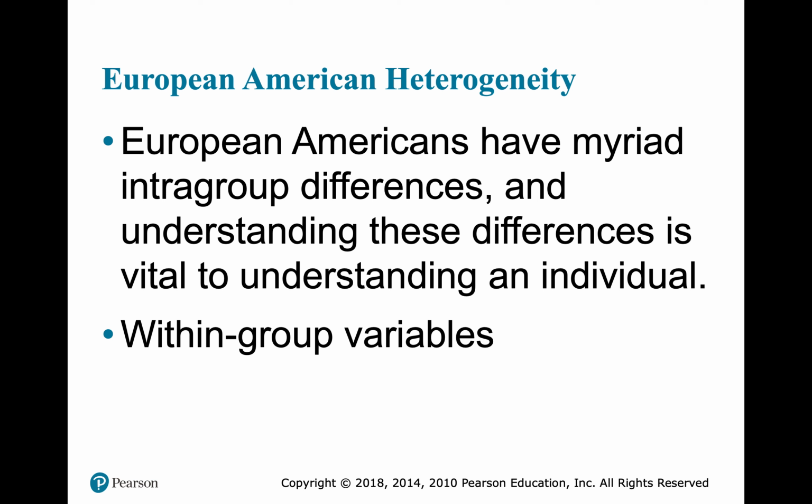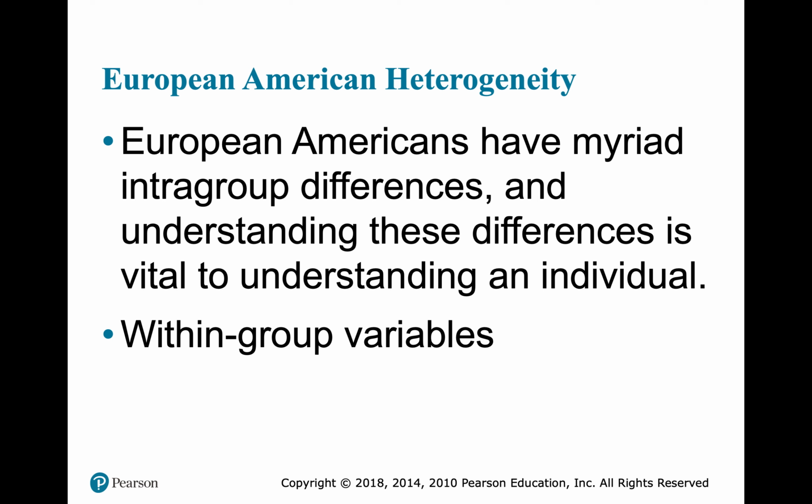So we talked about this with every single group. Even though there may be some shared cultural values, religious practices, all of that stuff, there's still a lot of within-group differences. So for whites, we see within-group differences of European ethnicity development, European ethnic identity, and the degree to which individuals identify with their European heritage.